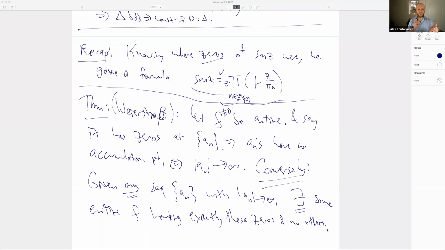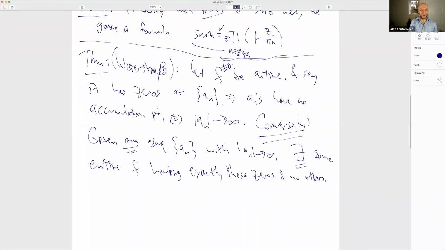So this is an if and only if. If you know the zeros, you know the function. Almost. Moreover, any other such function is of the form f e to the g, where g is entire.